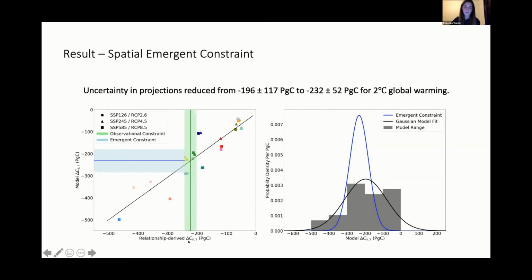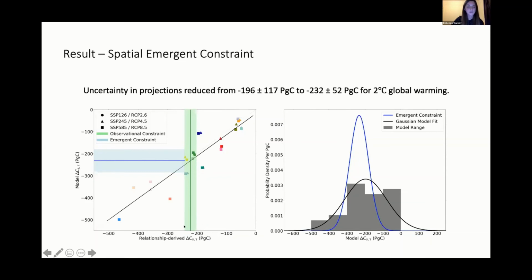So we do this using this relationship and then future model temperature. Obviously we're considering 2 degrees global warming, so the temperature is the same. However, each of the models has a slightly different spatial warming pattern. So hence you end up with this small uncertainty around our observational constraint.